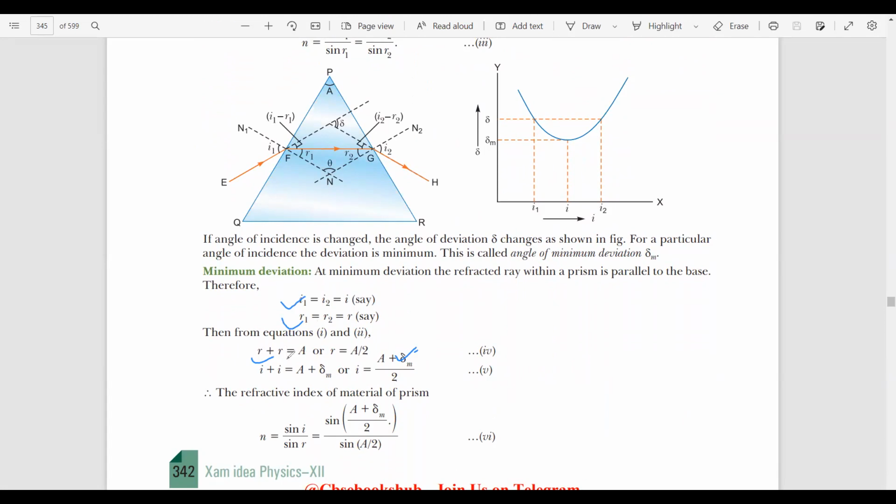So R plus R equals A, R equals A by 2. And I plus I equals A plus delta M, so I equals (A plus delta M) by 2. So sin I by sin R, where I equals (A plus delta M) by 2 and R is A by 2.